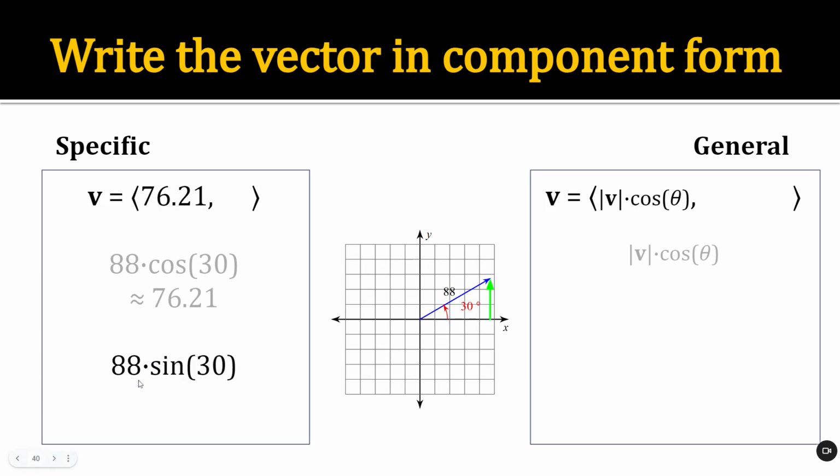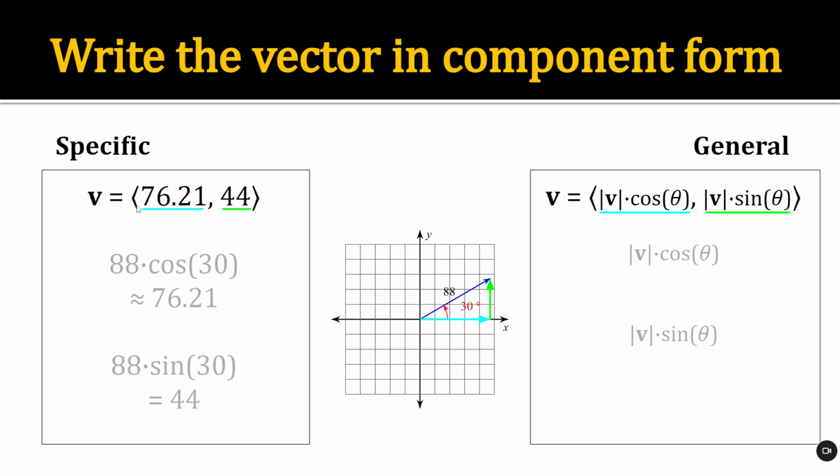What did I do next on my problem? Well, I did 88 times sine of 30 to get my next component. I calculated it, and that was 44. You're going to do magnitude times sine of the angle, and that's going to be your second component.